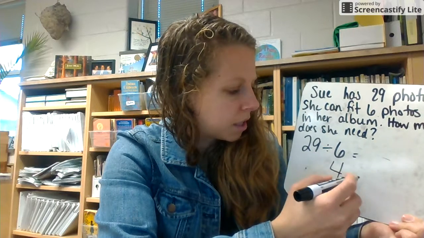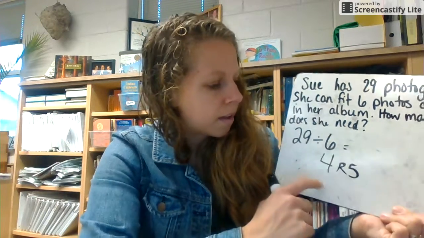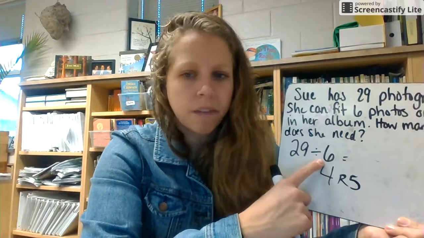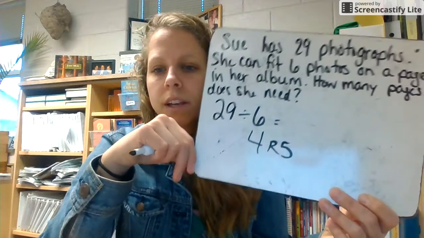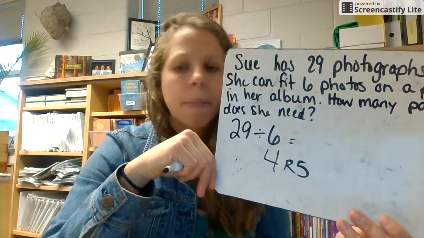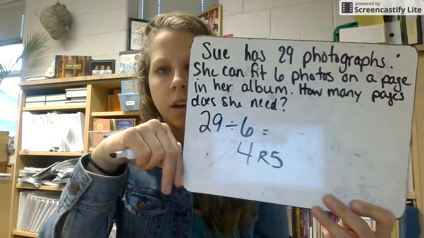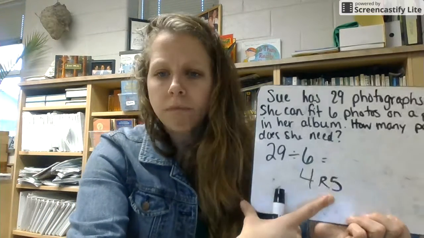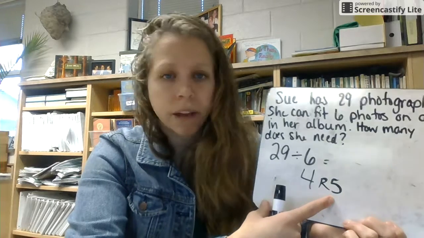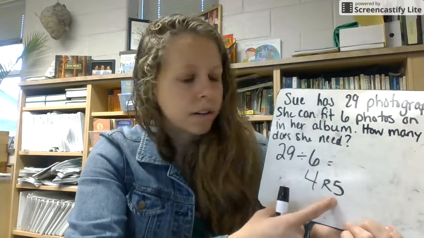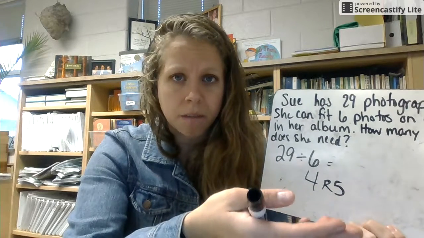So I have 4 pages with a remainder of 5, okay, because 4 times 6 is 24, plus the 5 is 29. So my answer is 4 remainder 5. Now in this question it says, how many pages will she need? Well, I'm not going to split my 5 up, okay, it doesn't make sense to do a remainder, or a fraction. I'm not going to ignore those pictures because I want those pictures in my photo album.